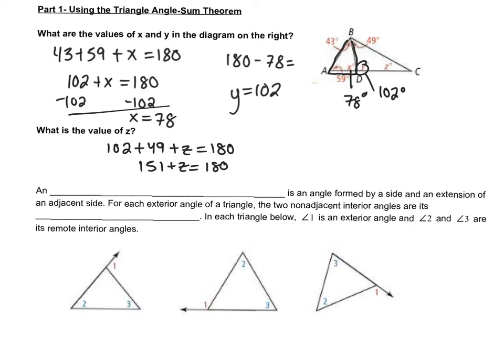Subtract 151 from both sides, and z is 29 degrees. Our measurement is in degrees. So x is 78, y is 102, and z is 29 degrees.